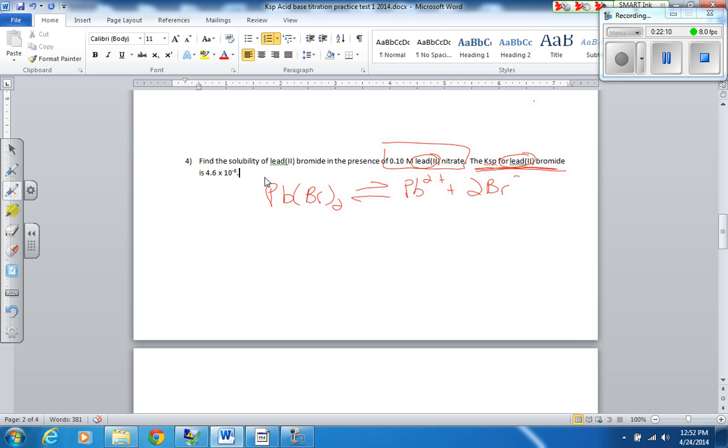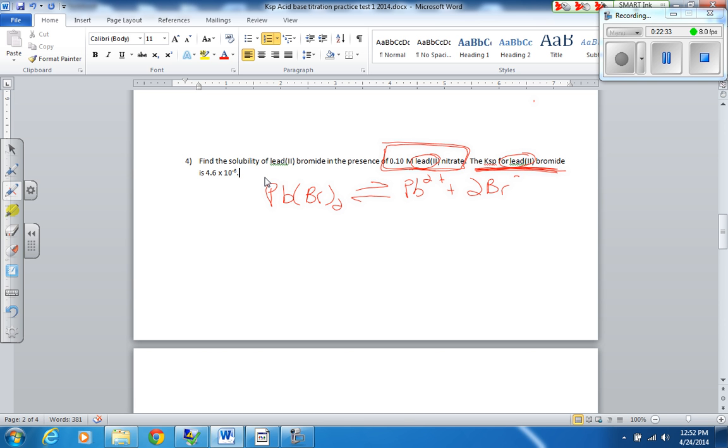You have two things in here. They're not reacting with each other. It's just that one interferes with the other reaction. Lead 2 is in common. I don't care about how soluble this stuff is because nitrates are always soluble. And I asked for the Ksp of something else. So whatever I ask you for the Ksp of, that's what you're dealing with.